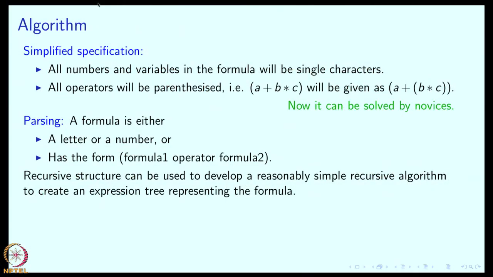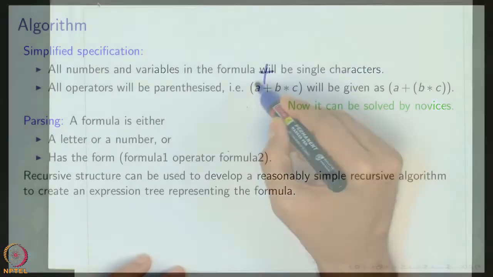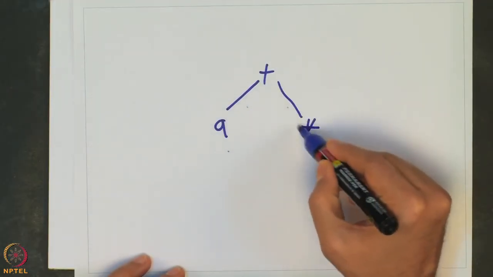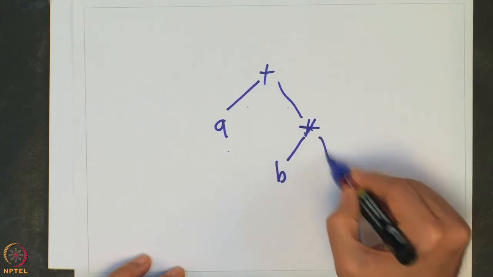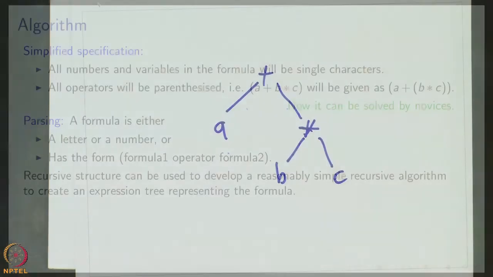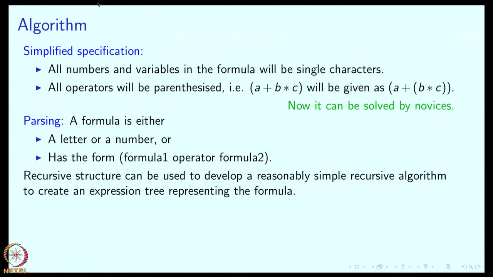So for example, this formula that I have written down could be represented as plus, which is at the root, A and a product of B and C. So you will be able to write a program which will read that formula and generate this expression tree. Okay.